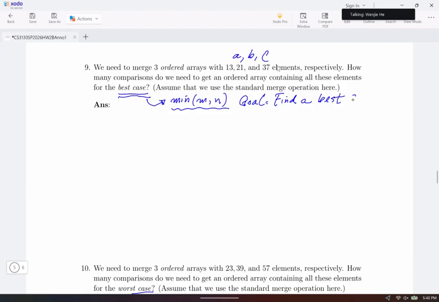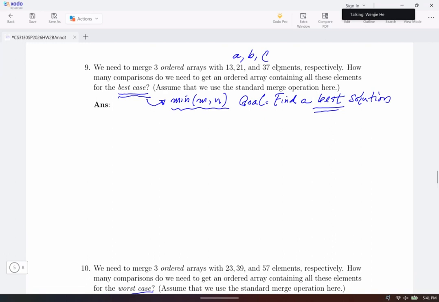Best solution. That's our goal. All right. So here there is a confusion. Many students may have the confusion like this. So best solution, think about it. How do we understand this best solution correctly?